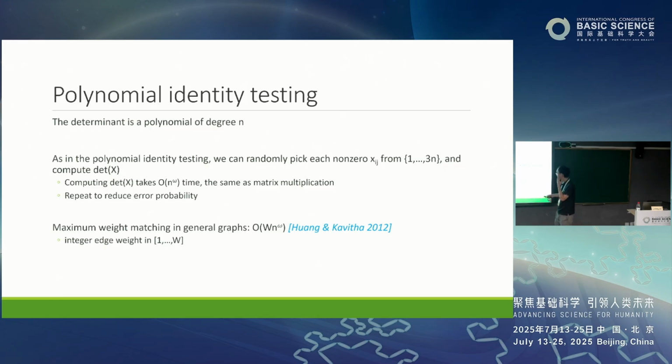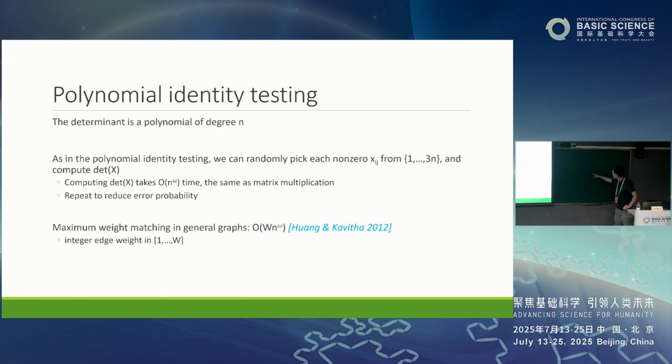And right now, there is a maximum weight matching algorithm in general graphs in O(W times n to the omega) time, in graphs with integer edge weights. But there is still no n to the omega times log W time algorithm.